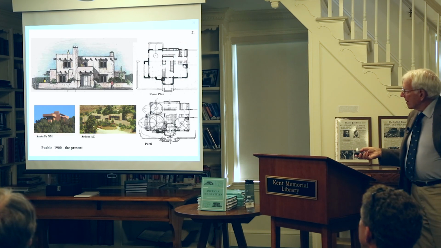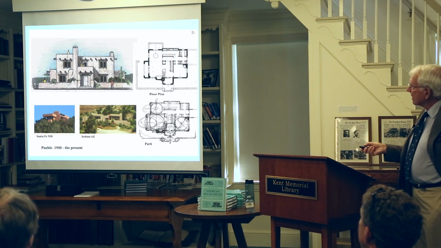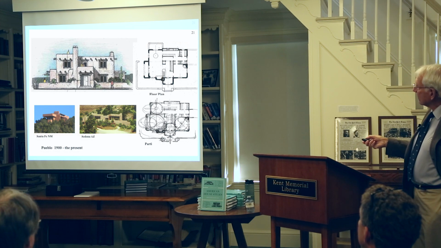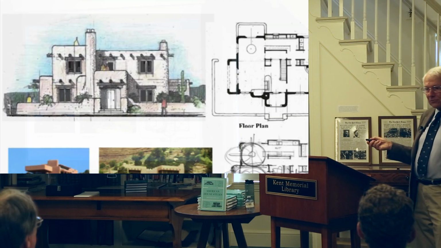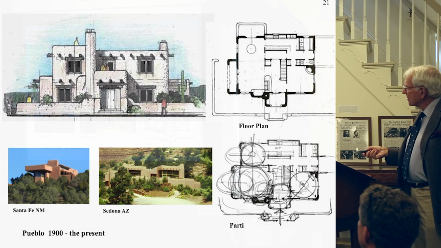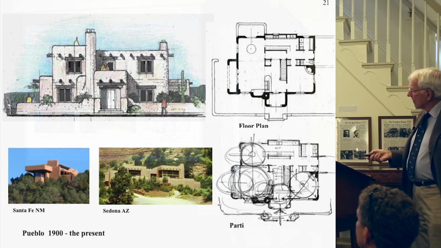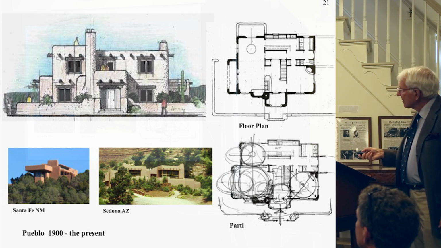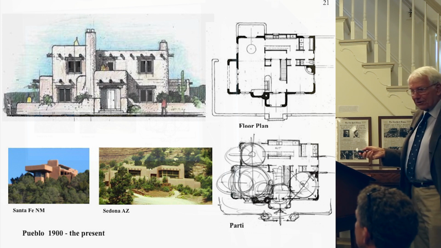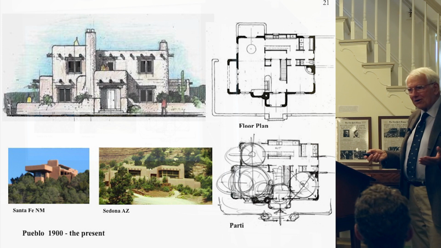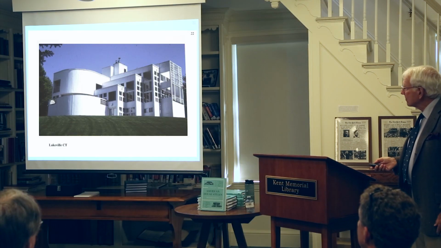So that's the illustration from my book. I fattened up the walls because of the adobe. But these are two examples, one in Sedona and one in Santa Fe. And that has this cantilever. It's a very modern house, but it still has the character of the Pueblo. So that appealed to me.